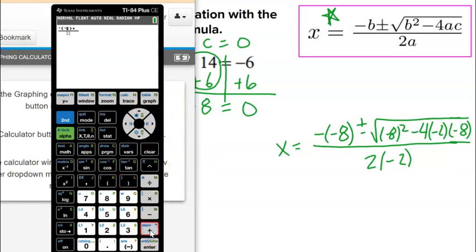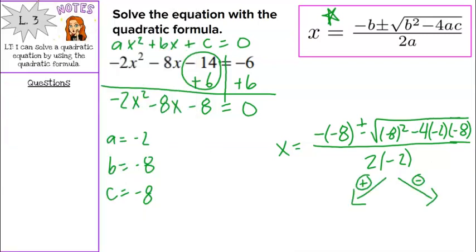So we're going to do plus, square root, blue button, x squared, in parentheses, -8, in parentheses, square that, minus 4, in parentheses, -2, in parentheses, -8. Then on the bottom, we're going to do 2 times that -2. Press enter, and we get -2. So on the positive side, my answer is -2.